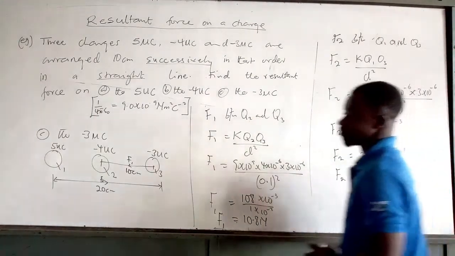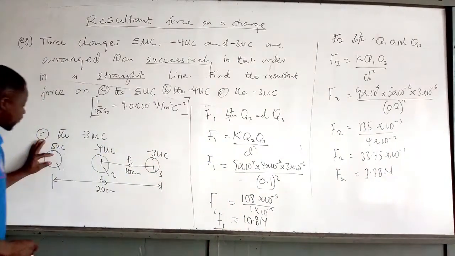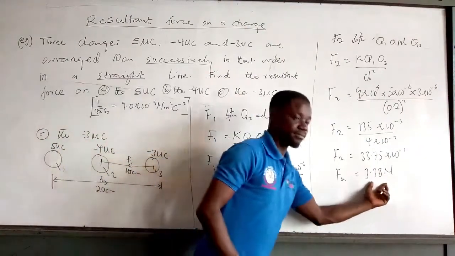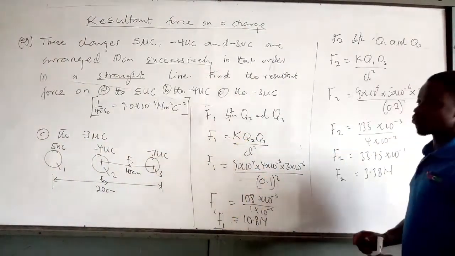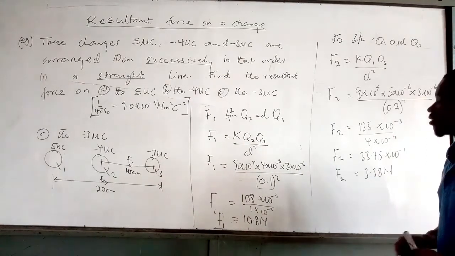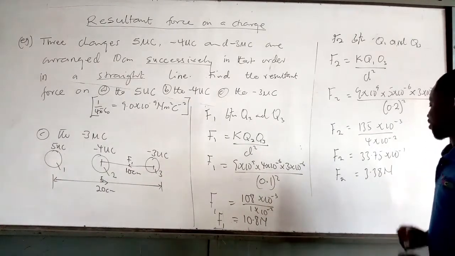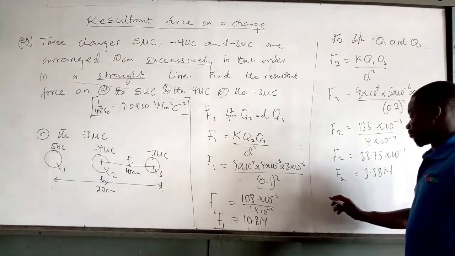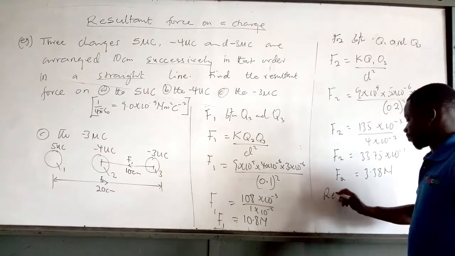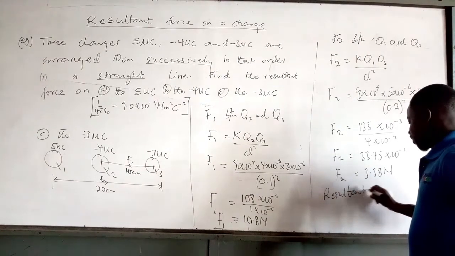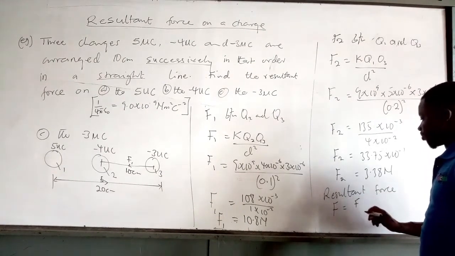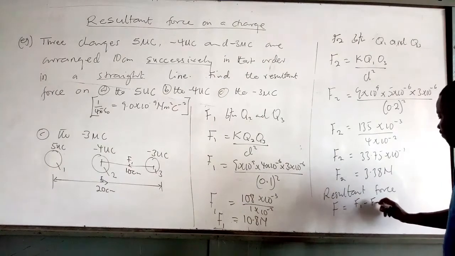So it means that the force between 5 microcoulombs and the 3 microcoulombs is this. But because the two forces are in opposite directions, we find the resultant force by subtracting. And this value is smaller than this one. So therefore, the resultant force F is equal to F1 minus F2.